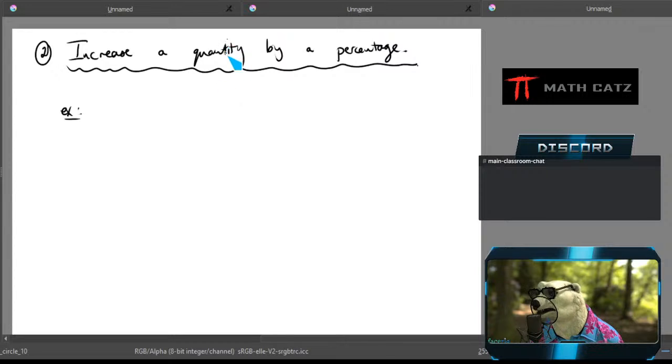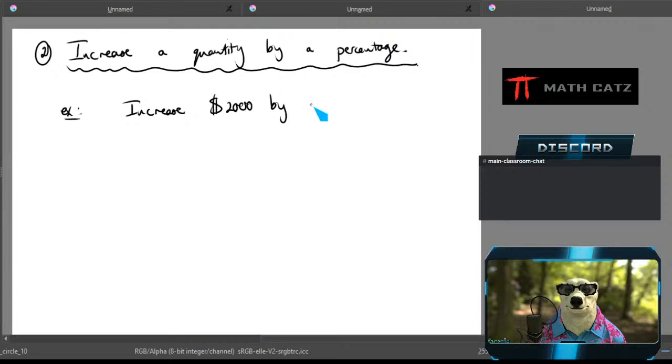Just for me, it feels good, pretending I have money that increases. So let's suppose I increase, let's make it $2,000 by, let's go 15%.